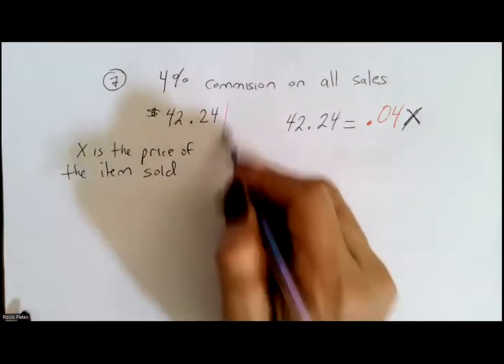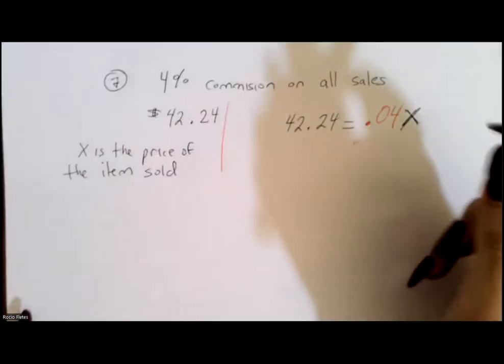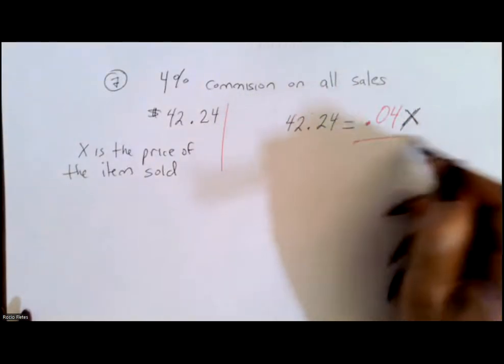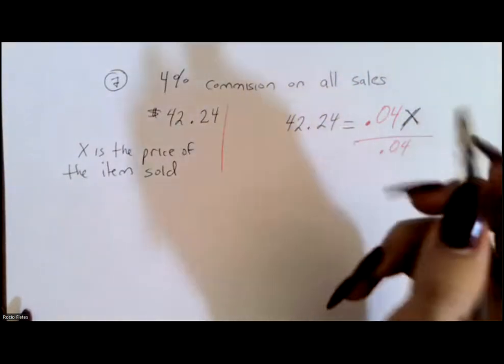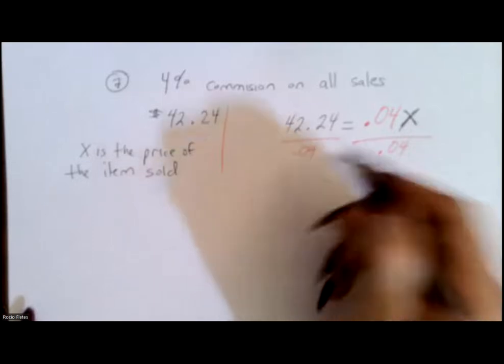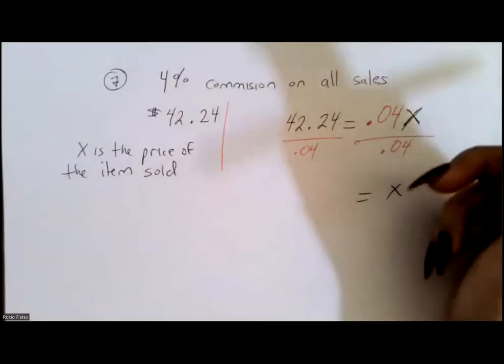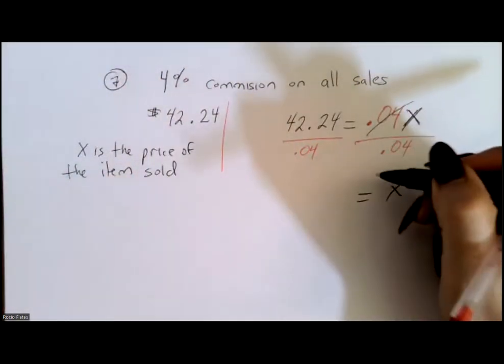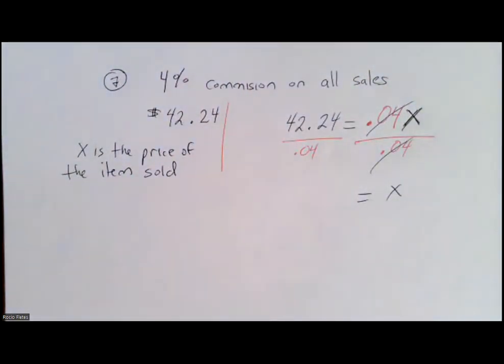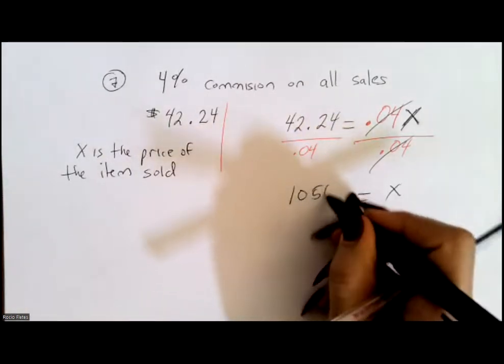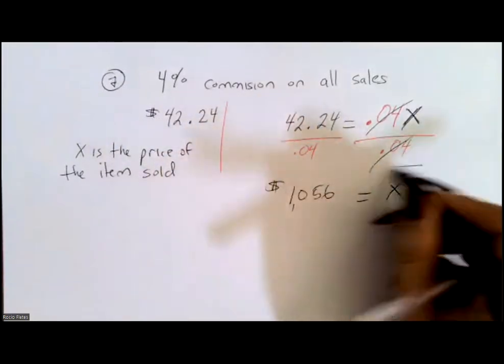And remember how you solve linear equations, you want to isolate your X, so here you're going to divide both sides by 0.04. And so that's going to give me X. That cancels the 0.04 here, and 42.24 divided by 4% gives us a total of $1,056.